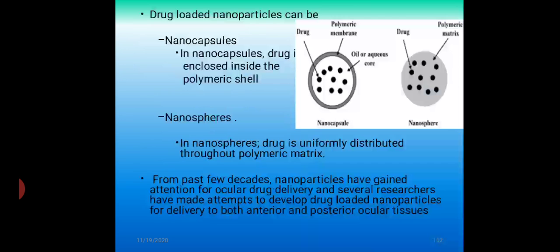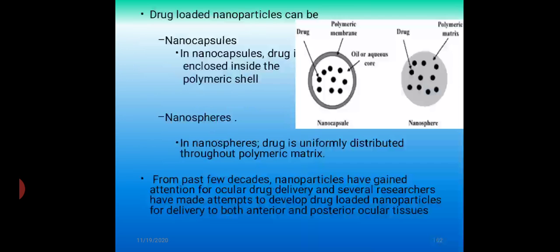You remember we learned the reservoir system and the matrix system in controlled drug delivery. What was the reservoir system? The drug is incorporated and it is covered with a polymeric membrane. Inside it is a reservoir system, and in the case of the matrix system it is a hybrid system where the drug as well as the polymers are mixed together and prepared. That was the matrix system.